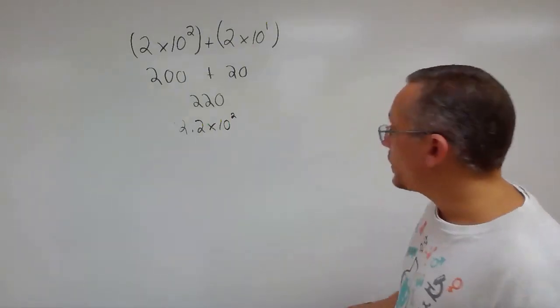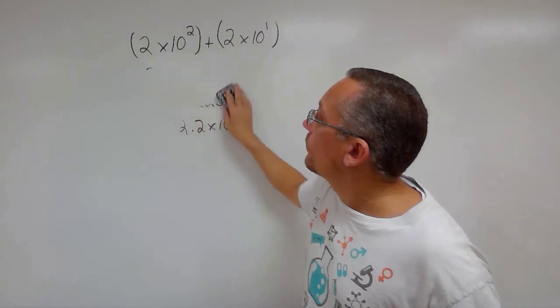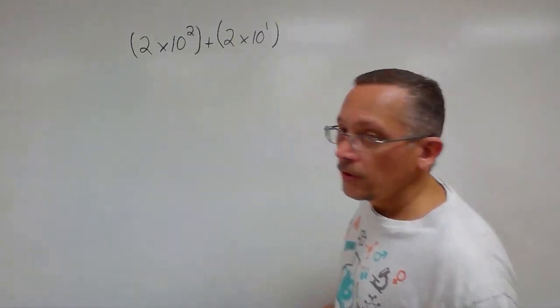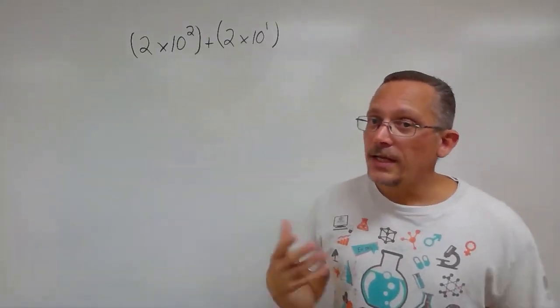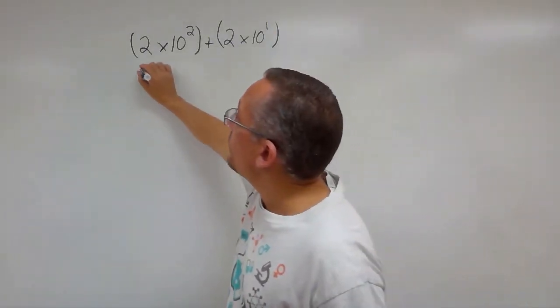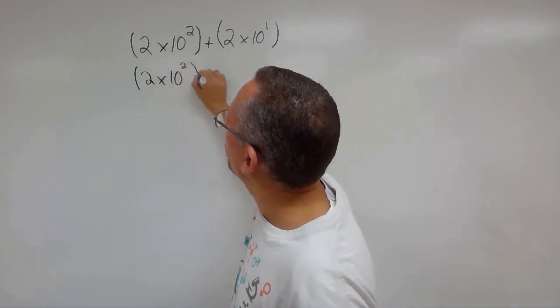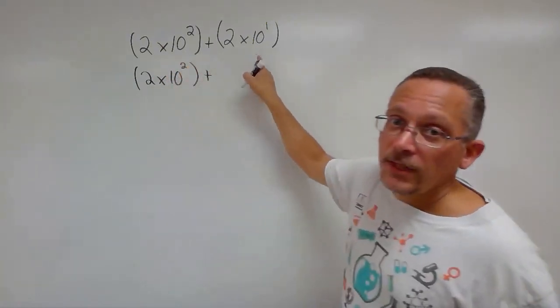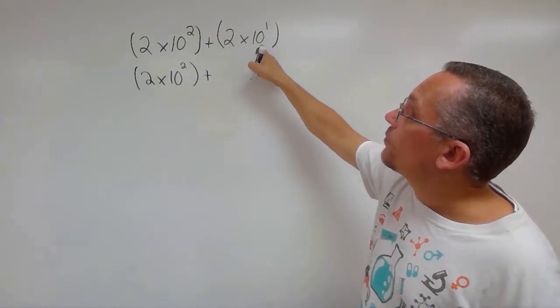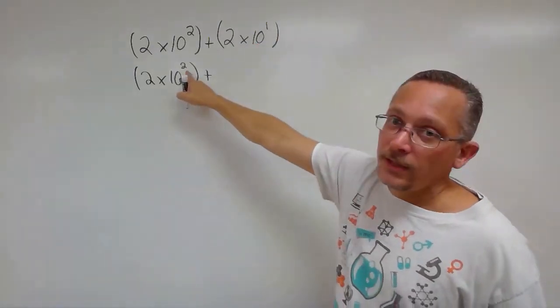The other strategy you can take is to make the exponents the same. And this will involve one of the numbers not being in proper scientific notation. So what I can do is I can leave this number as it is, and then I can change this number by moving the decimal point one place to make this a 10 to the 2. See, I want it to be 10 to the 2.